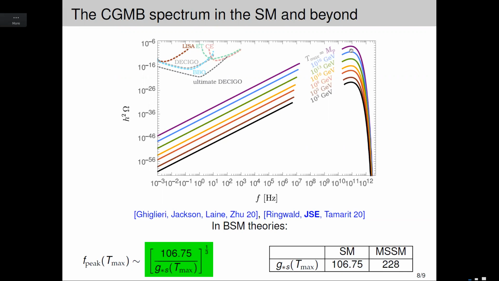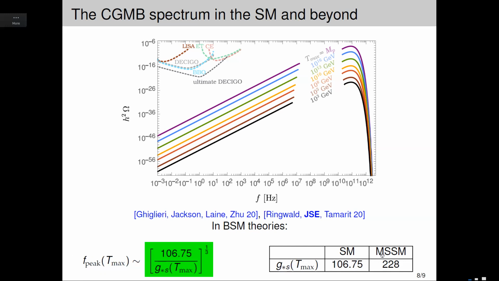Okay, so what happens in beyond the standard model theories? If you remember from the beginning of the talk, the peak frequency scales like 1 over G star evaluated at the maximum temperature, and then you take the third root. This is very important because, for example, in the standard model, G star at the maximum temperature is 106.